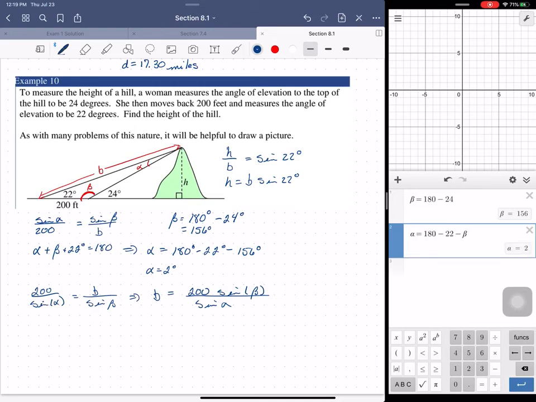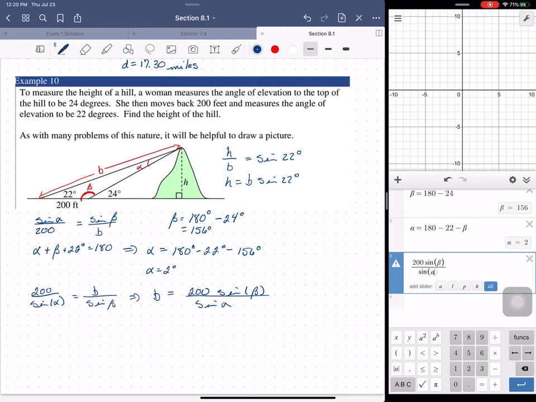So 200 times the sine of beta divided by the sine of alpha. And I now know that that invisible distance, that b, is 2,331 feet.